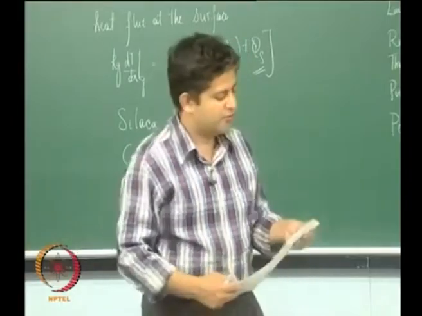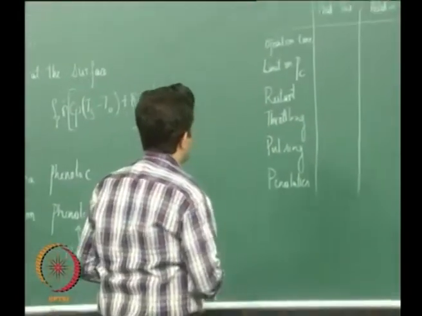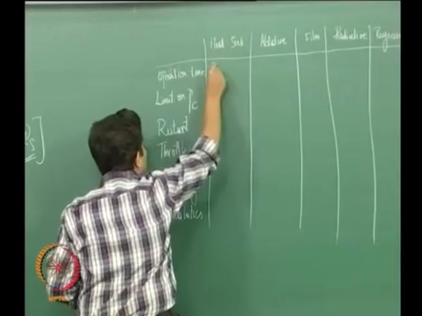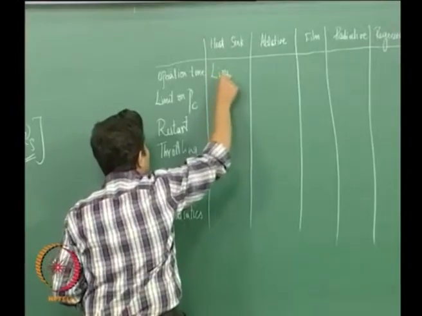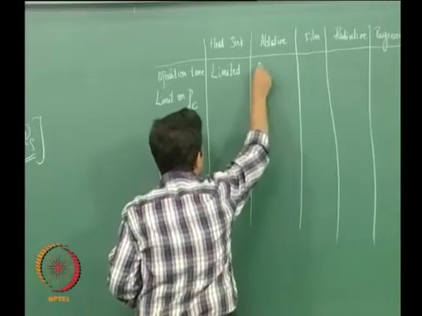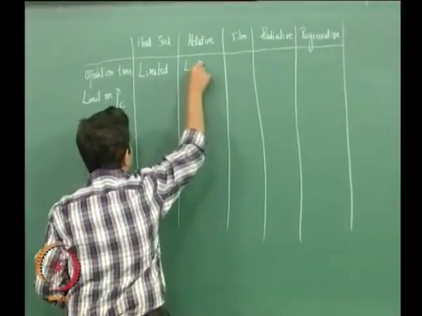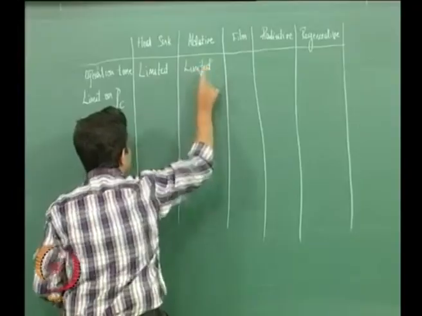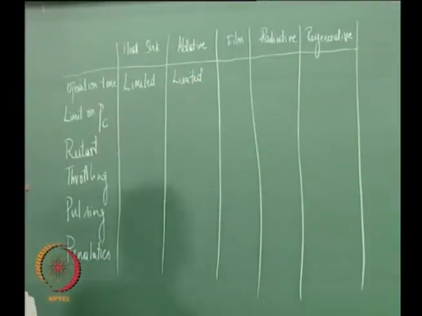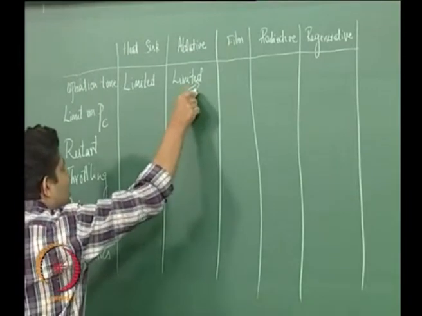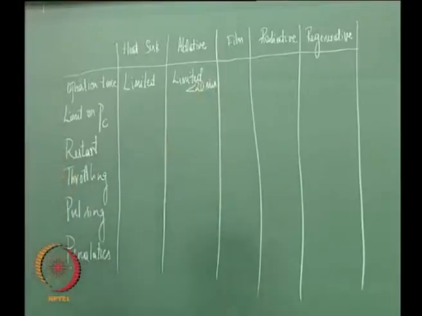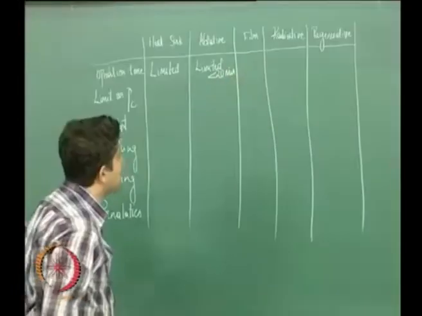So in a sense the operation time is limited if we use a heat sink, and the same is the case for ablative cooling. Here it is less than 20 minutes, and then you have film cooling.